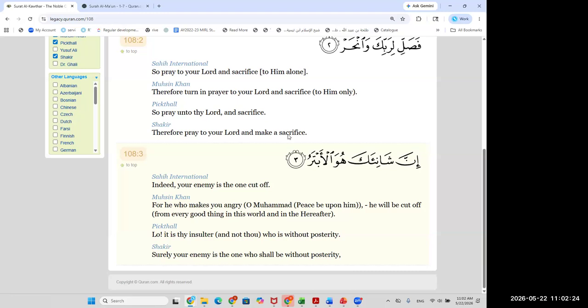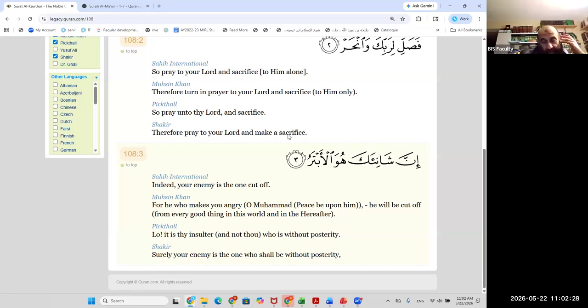Sorry, Dr. Suhail, can you do the i'rab of the whole ayah again? Okay. Inna is harf nasb. Shani'a is ism inna mansub, and it is also mudaf. And then the ka is effectively mudaf ilayhi.